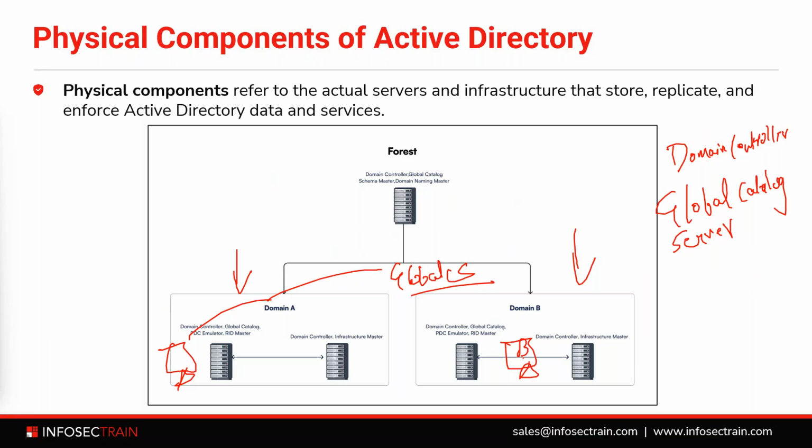Then the global catalog server will give the information on the basis of the trust between both of the domains, right? So these are the things that you should know.